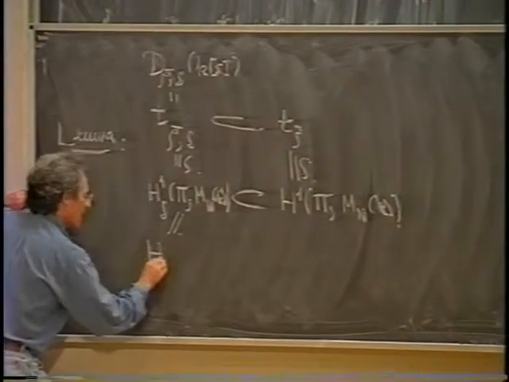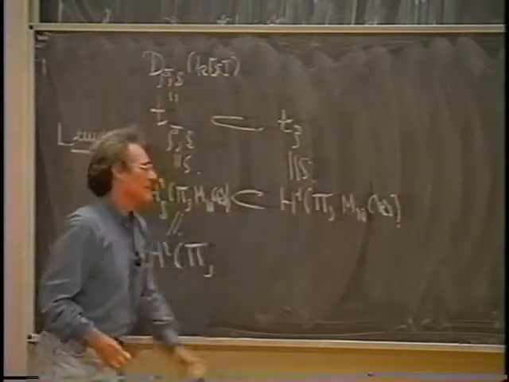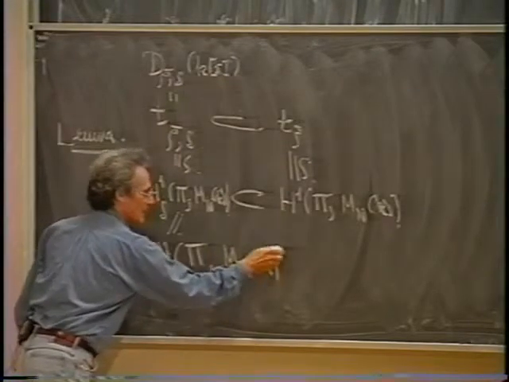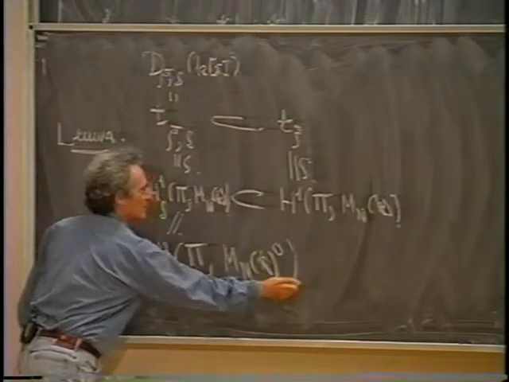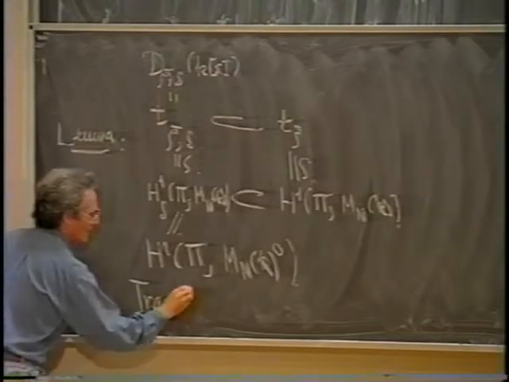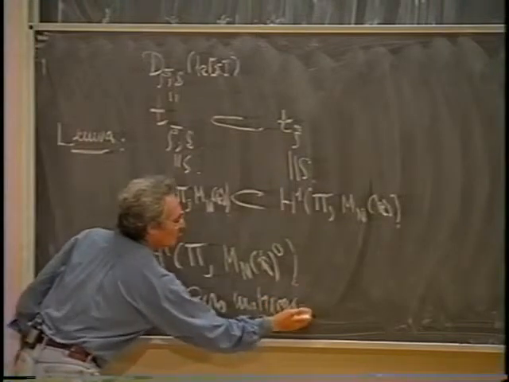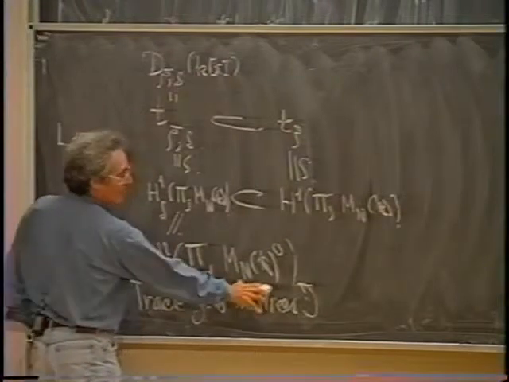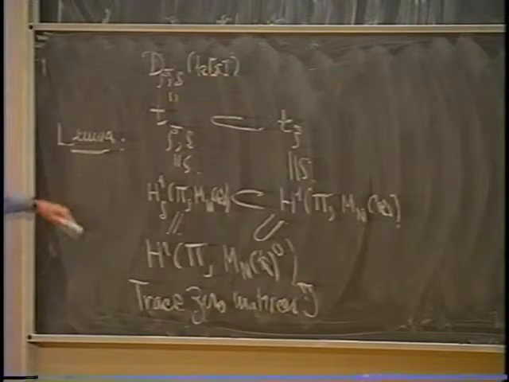Namely, you take H^1 of pi with coefficients in the natural pi submodule of M_n of k, consisting of those n by n matrices with coefficients in k which have trace 0. So this is trace 0 matrices. Of course, that is pi stable and represents a k subvector space, and that's the answer.